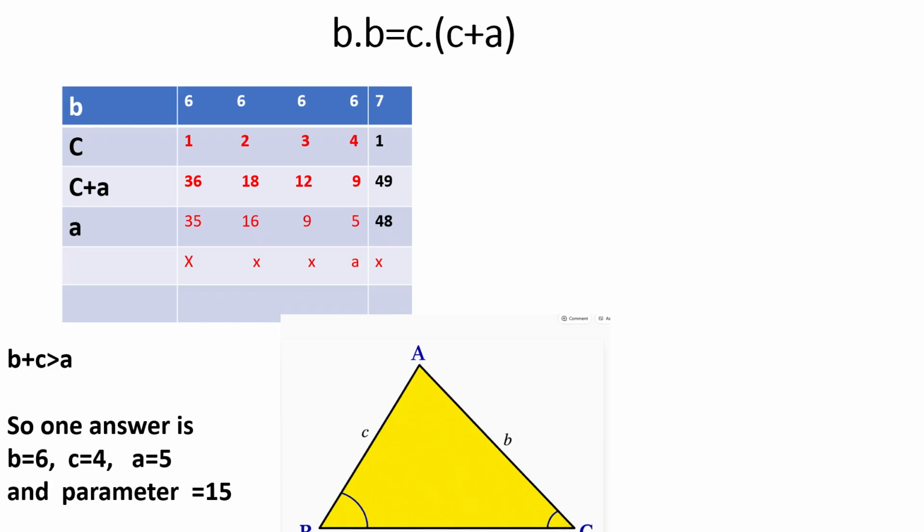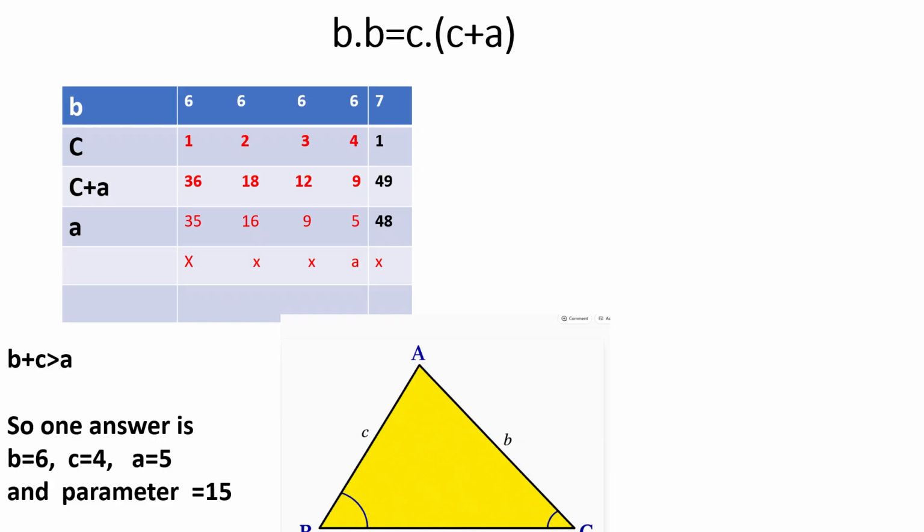The only case which is accepted is the last case, b equal to 6. If b is 6, c might become 4, and c plus a might become 9. Then from here, a is equal to 5, and that could be accepted, and that is the only situation which is accepted if we have the sides of this triangle equal to 5, 4, and 6.